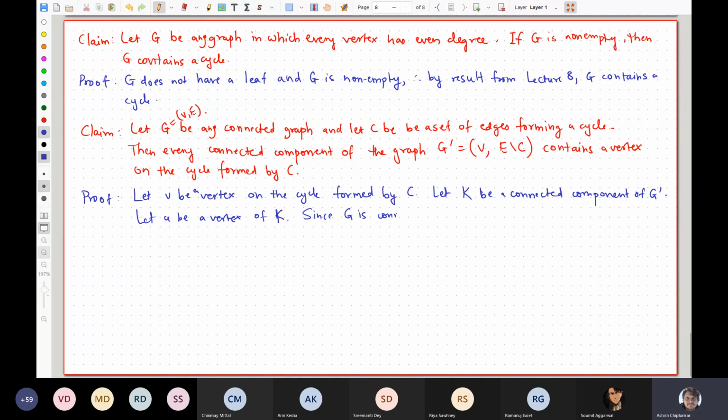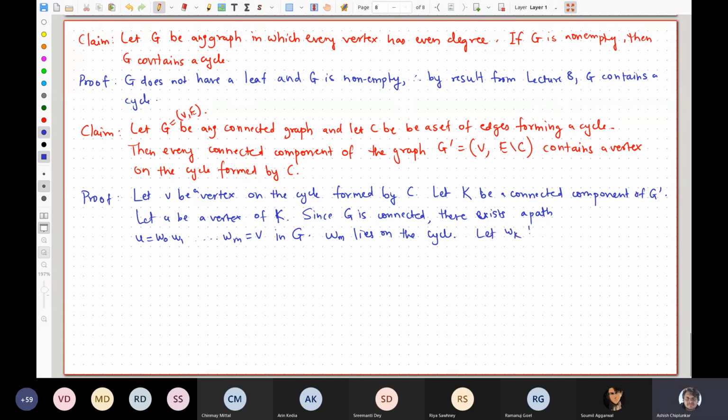there exists a path of the form u equal to, let's say, w0, w1, up to wm, which is equal to v in G. So we know wm lies on the cycle. So there must be some earliest vertex which lies on the cycle.